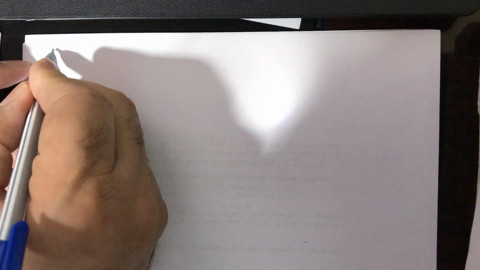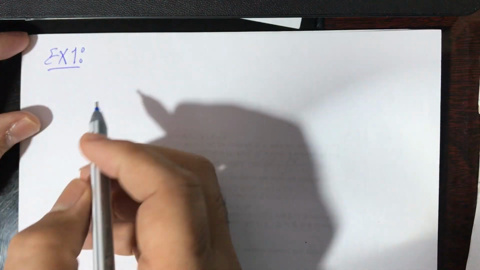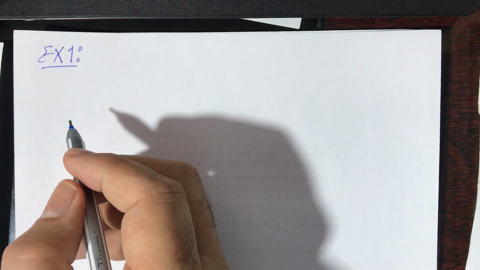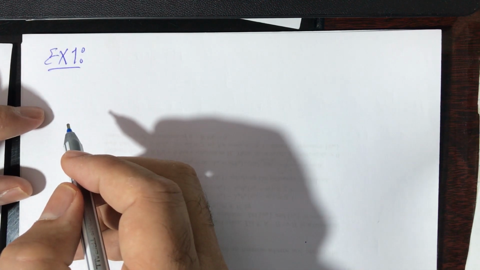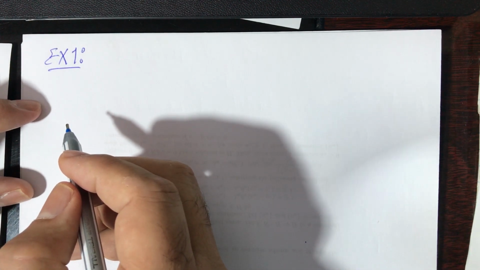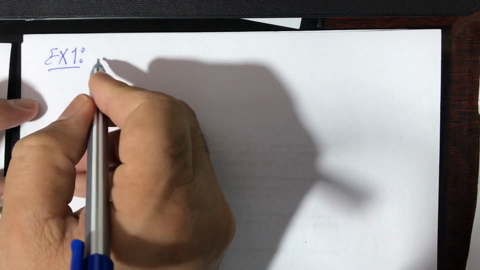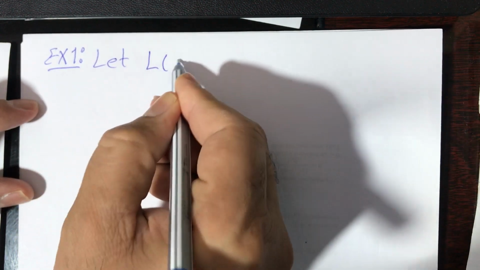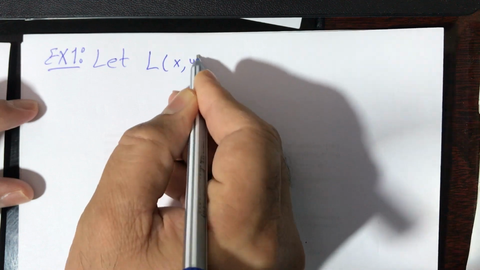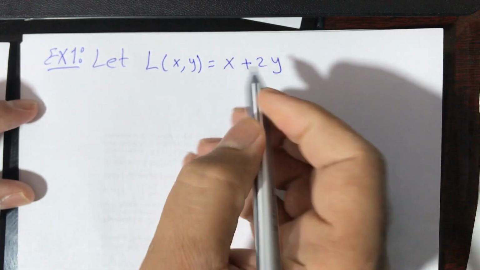Now take an example. Example 1. Let L of (x, y) be equal to x plus 2y.